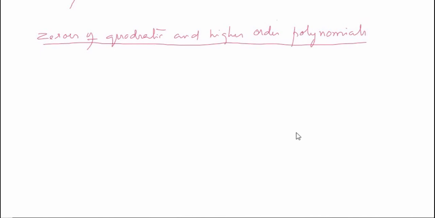Now let us discuss the zeros of quadratic and higher order polynomials. Now let us take a quadratic polynomial, say p of x equal to x square minus x minus 6. Now you know how to find the zeros of this one. You can equate this polynomial to 0, then factorize and then find the zeros. That is x square minus x minus 6 equal to 0.